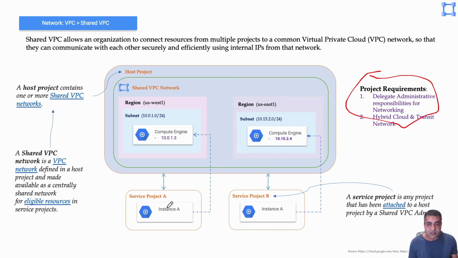So it's like centralizing the networking and security aspects and abstracting it away from application development teams. It also applies and enforces consistent access control policy at the network for multiple service projects, and that's typically the case nowadays.